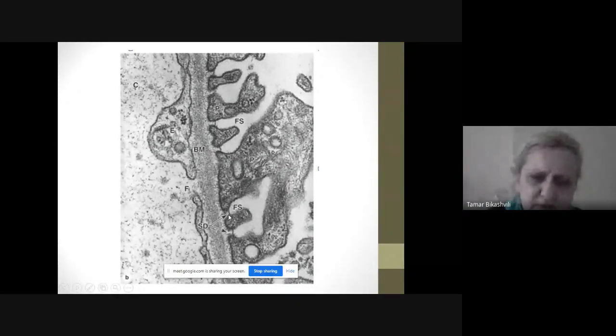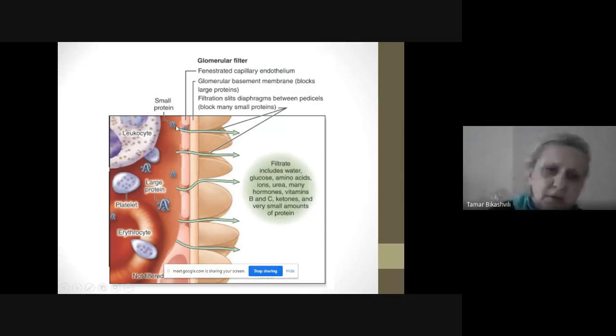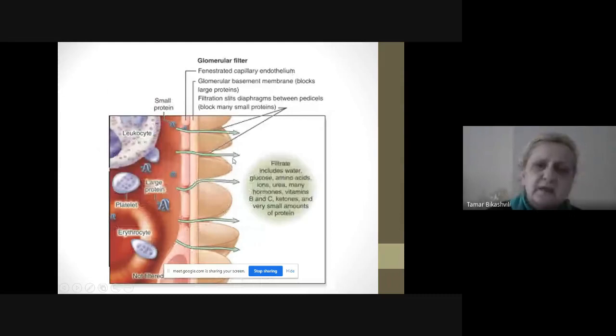Between these pedicels, you can see here the slits covered by a very thin diaphragm, and in this diaphragm also are openings. So the fenestration of the endothelial cells, the basement membrane, and the slits with diaphragm, but in this diaphragm, as I said, are openings.